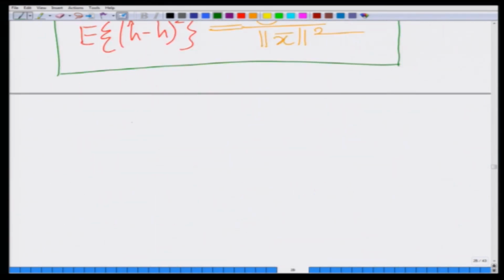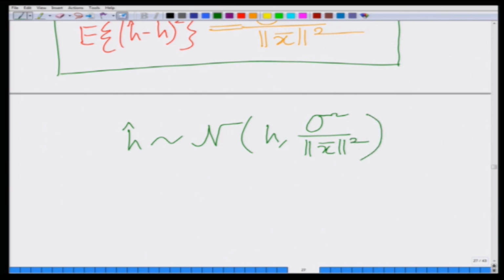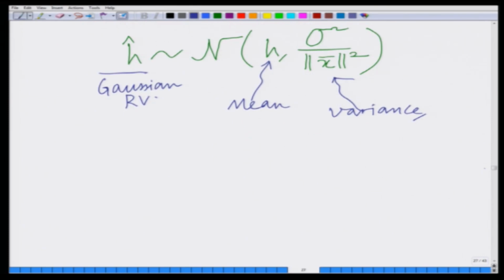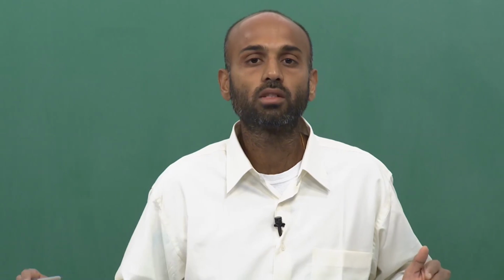We have shown that the mean of H hat is H. So, it follows that H hat is indeed a Gaussian random variable with mean H, which is the true unknown channel coefficient, and variance sigma square divided by norm x bar square.